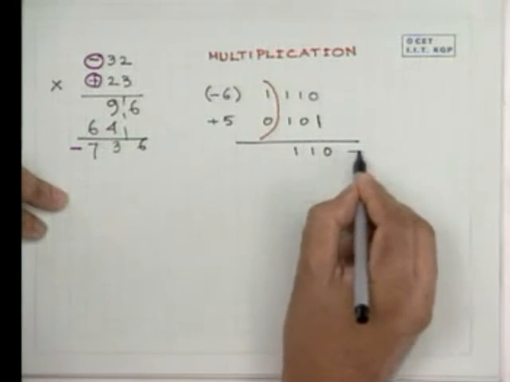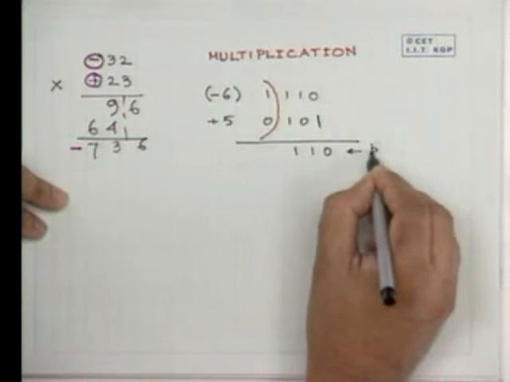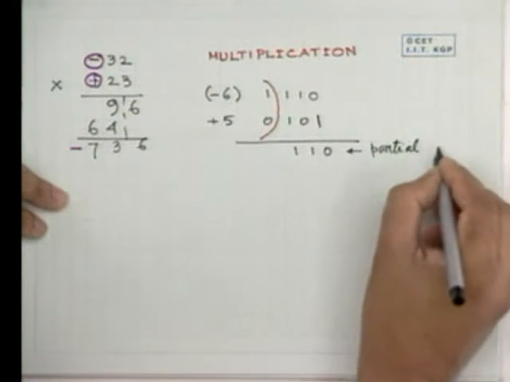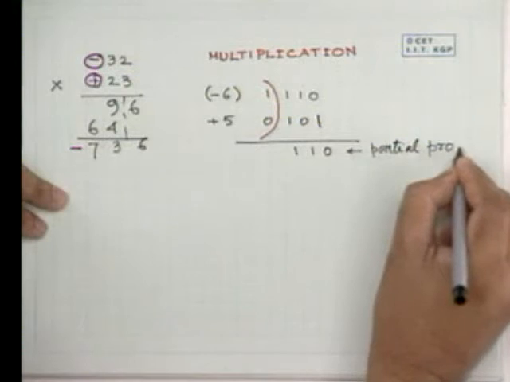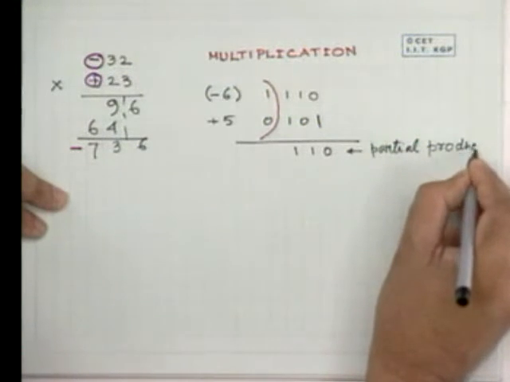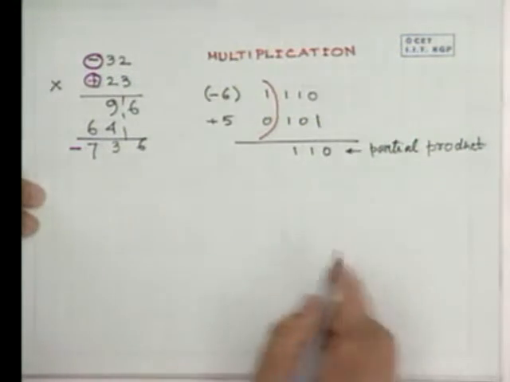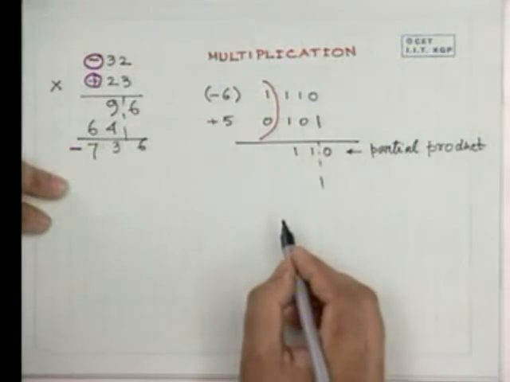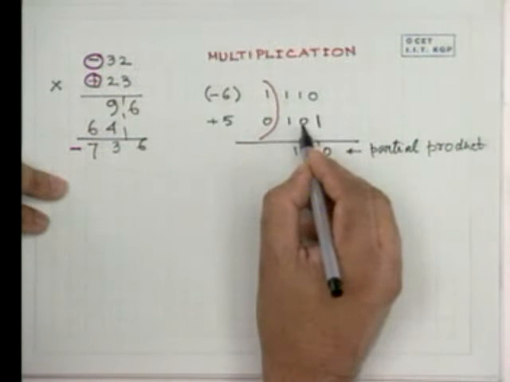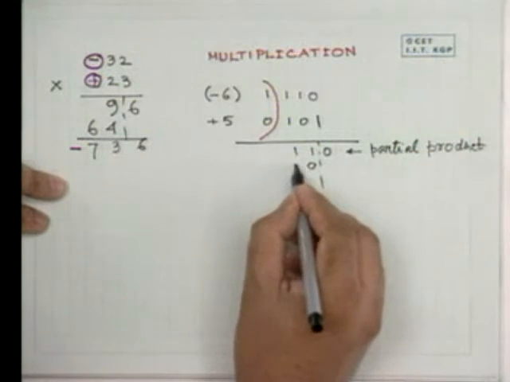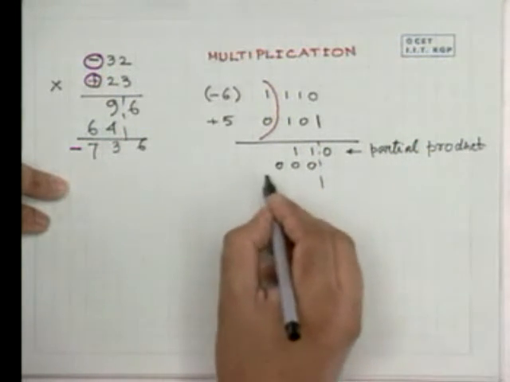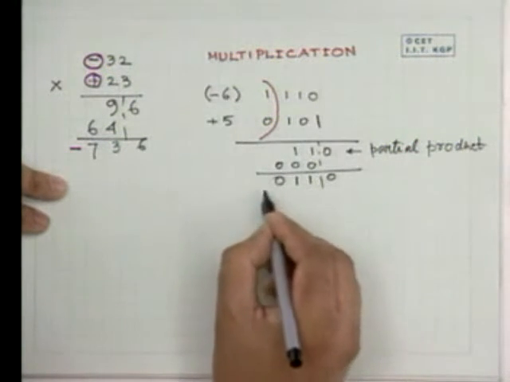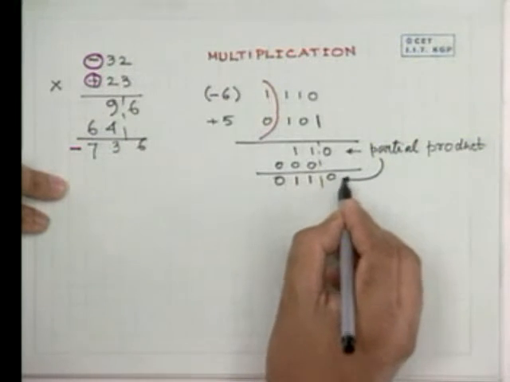This is our partial product. Then we give the partial product a right shift. Then since this bit is 0 now, we get 0, 0, 0, add them, and we get 0, 1, 1, 0. This is the next partial product.